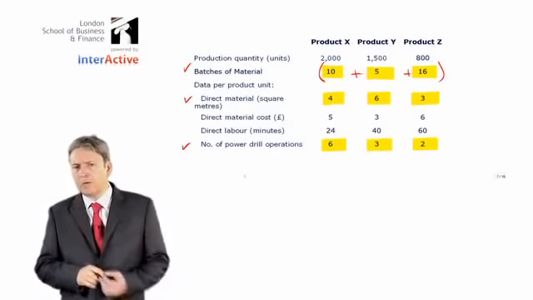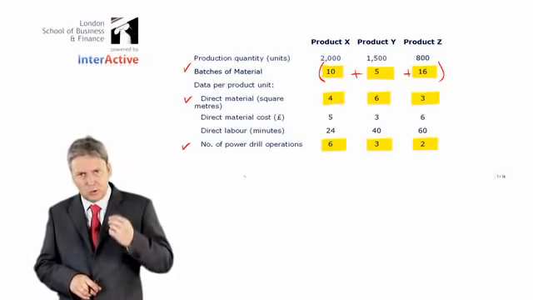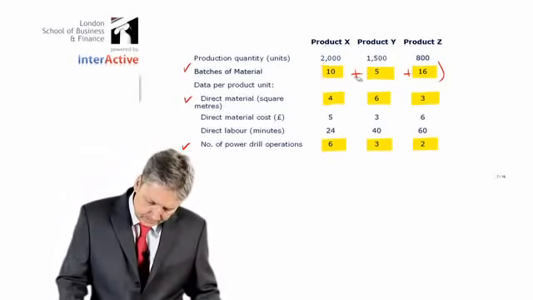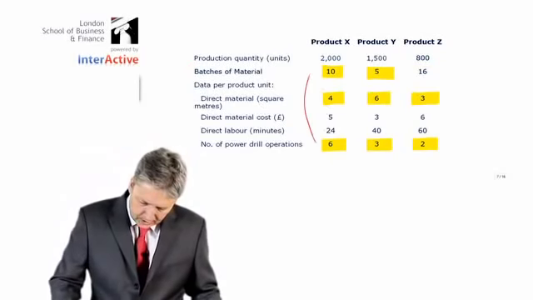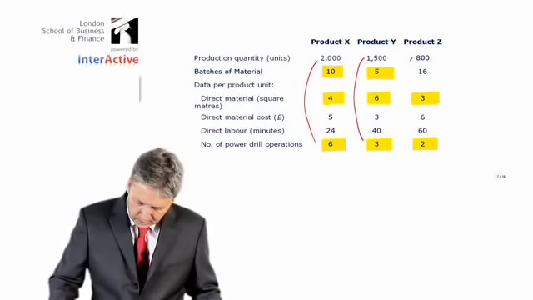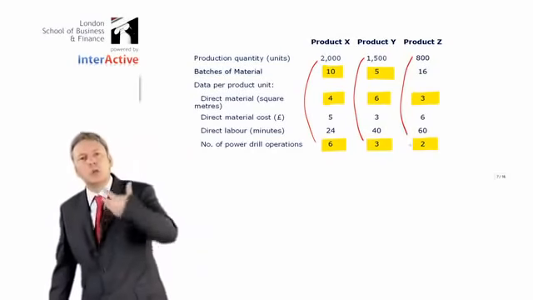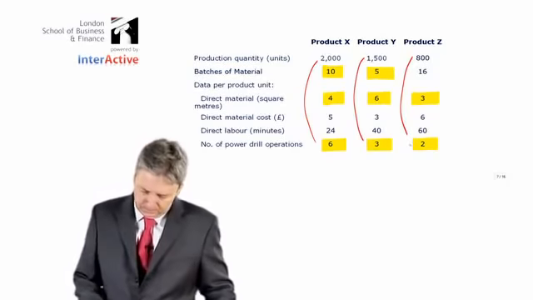What we have to be aware of, of course, is that the power drill operations relate to the individual unit. So what we have to do here is link the power drill operations to the units to get the total number of operations for the period as a whole.